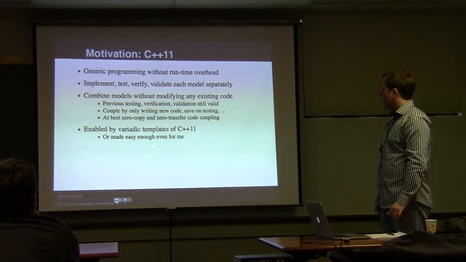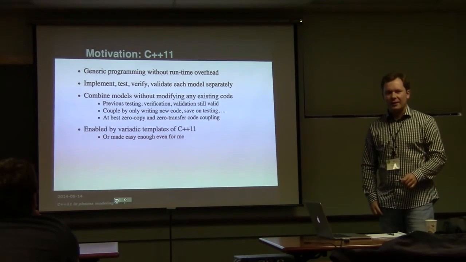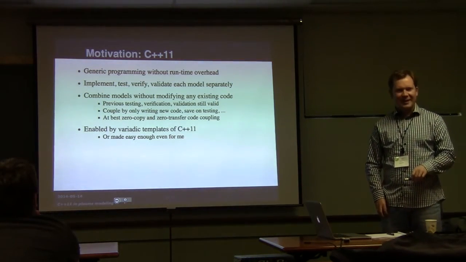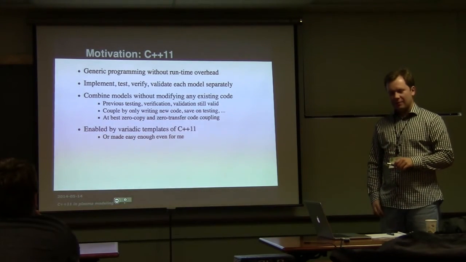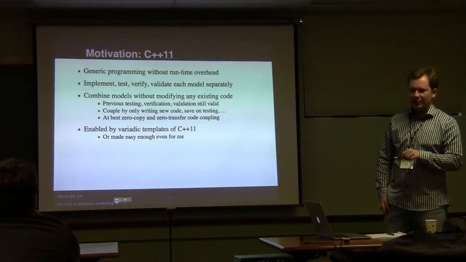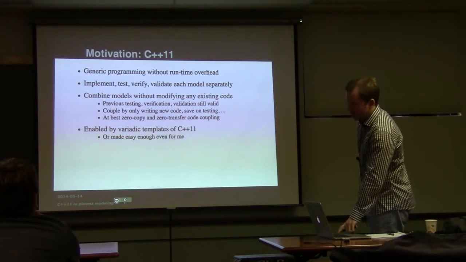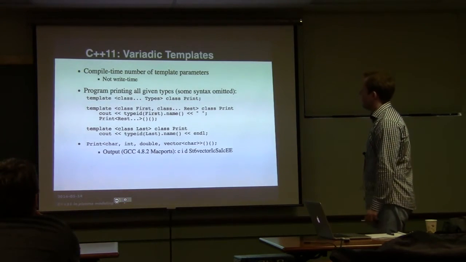I don't know if this is actually enabled by the variadic templates, but at least they made this easy enough so that even I could do it. I took a look at the Boost MPL, but I couldn't see how I could have done this with just MPL, so I don't know.